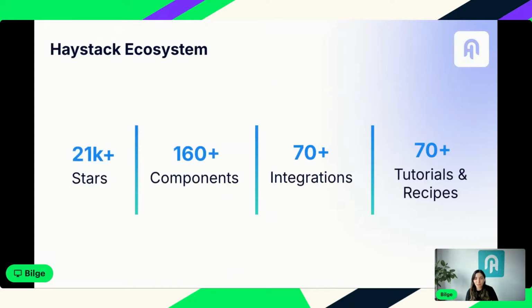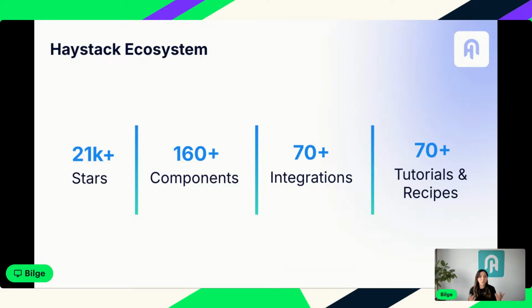But before that, let's take a look at the Haystack ecosystem. Right now it has more than 21,000 stars on GitHub. It has more than 160 built-in components that you can already start using out of the box. It has 70 integrations. It means that you can use some external tools like monitoring tools, LLM providers, evaluation frameworks out there, and put them into your pipeline.